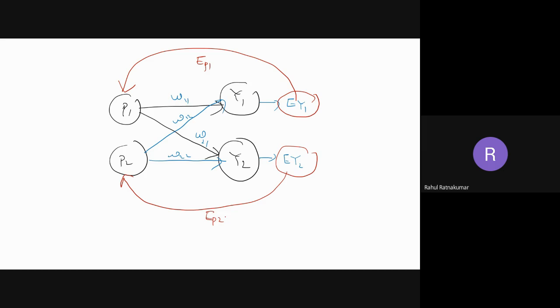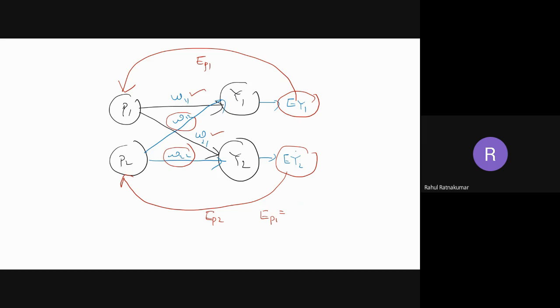Now there are two things. P2 has two weights, W12 and W22. Similarly, P1 has two weights, W11 and W21. So one option is I can write an equation like this: EP1 is equal to, there are two weights, so there are two errors also. So the error EY2 is also caused by P1 and P2 both. You can see there is a link here.